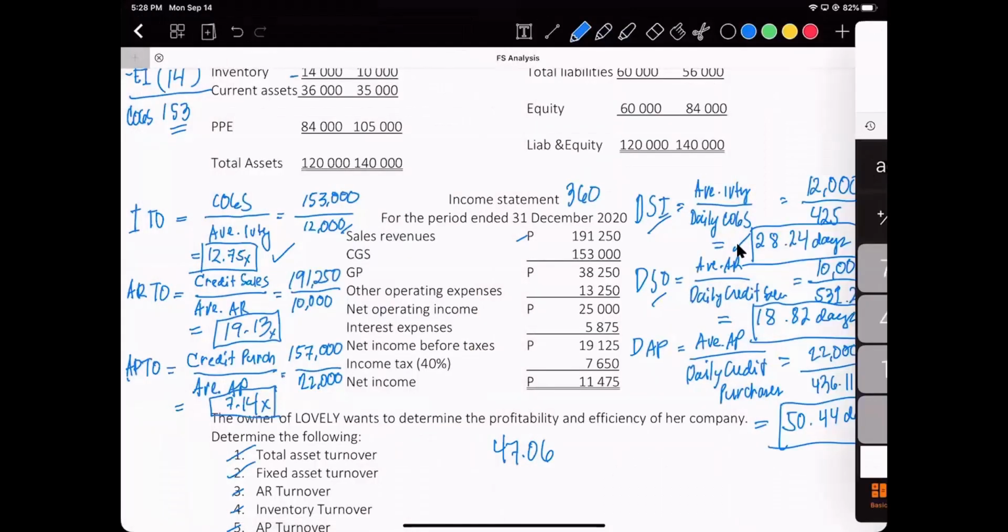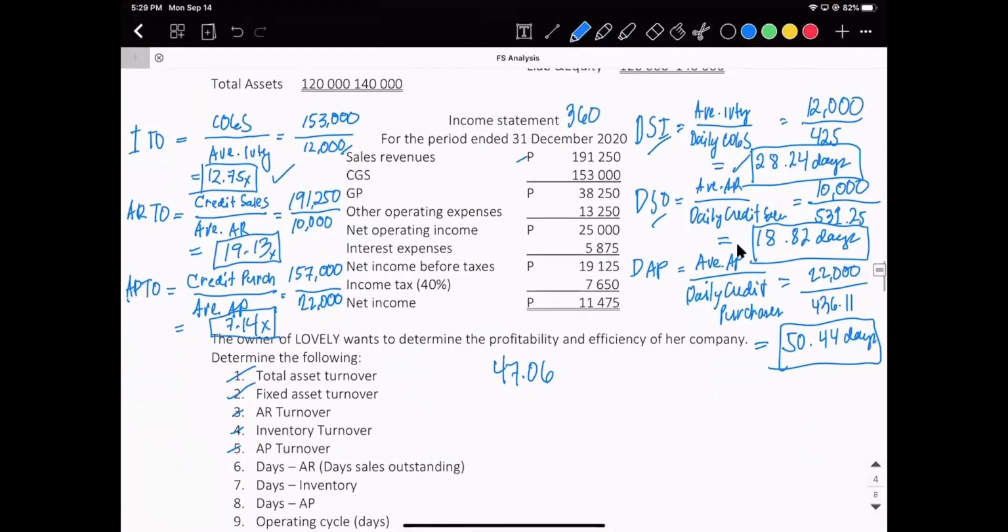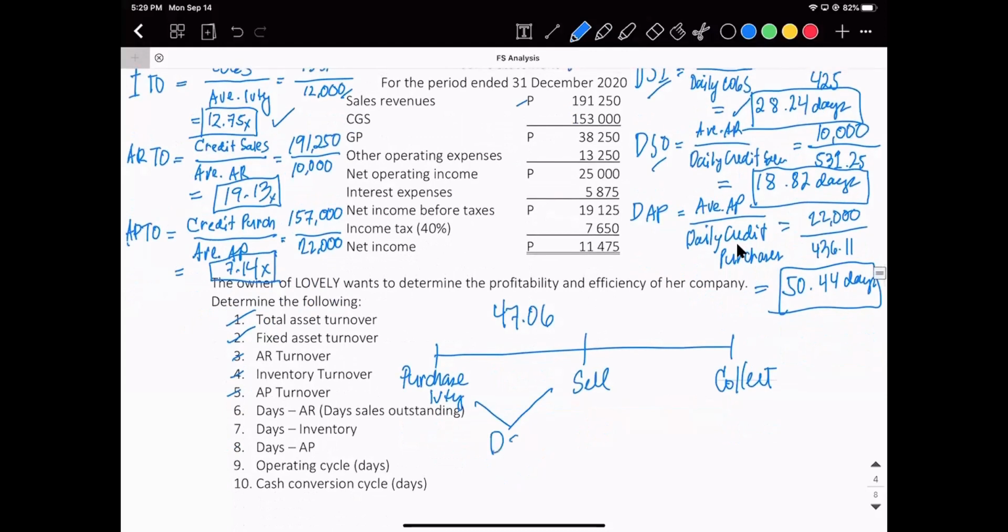Ano ibig sabihin yan? Okay, ganito. It takes 47 days for us to purchase inventory, sell them to customers, and then collect the accounts receivable. So, 47 days. Actually, class, ito yung DSI.